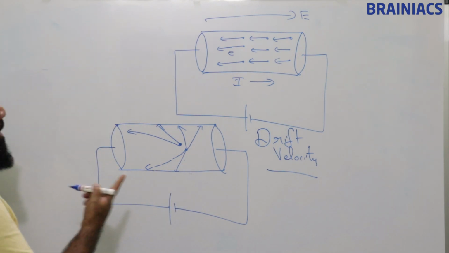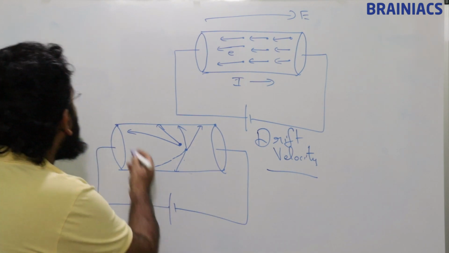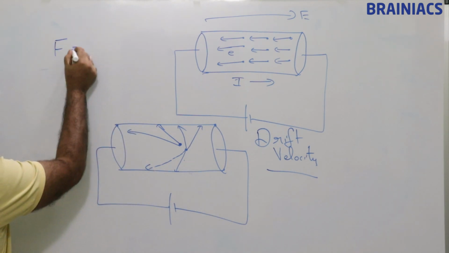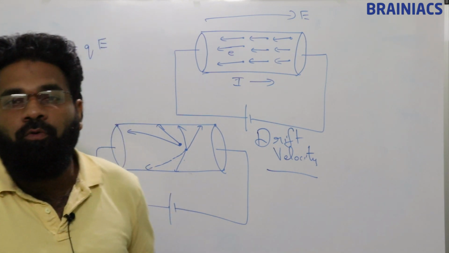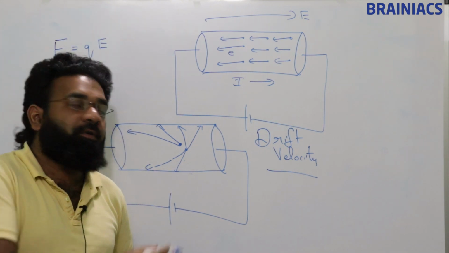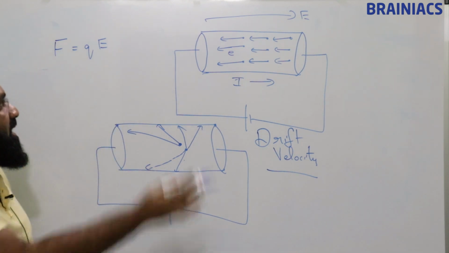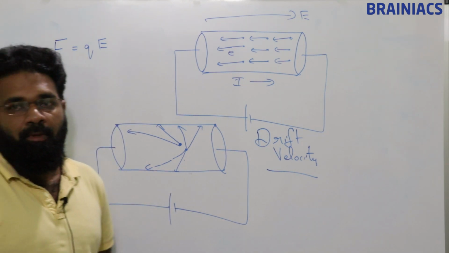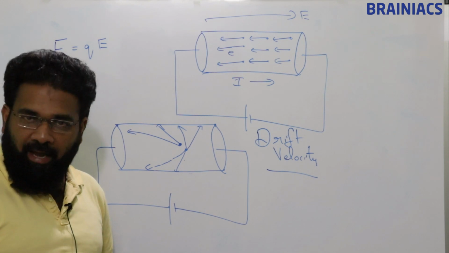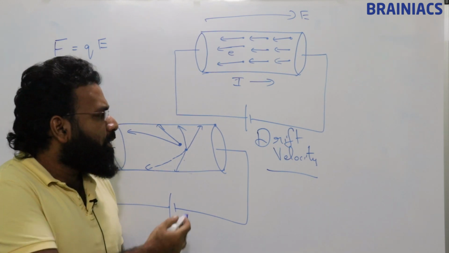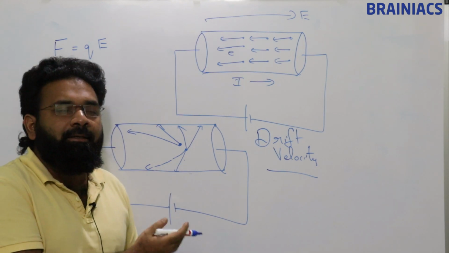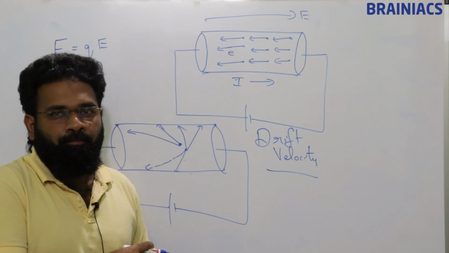Okay. Now I said there will be a force F = QE. That is, there will be a force under the influence of the electric field on these electrons. When there is force, there will be acceleration. Then is it possible to have a constant velocity like drift velocity for the electrons?